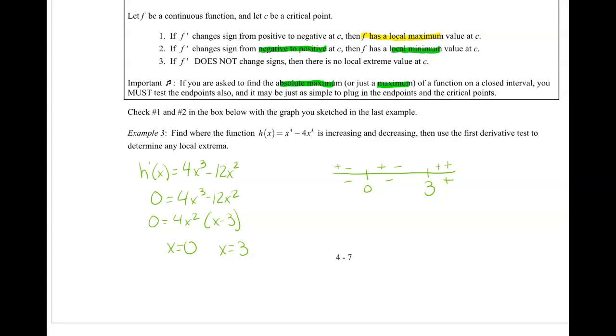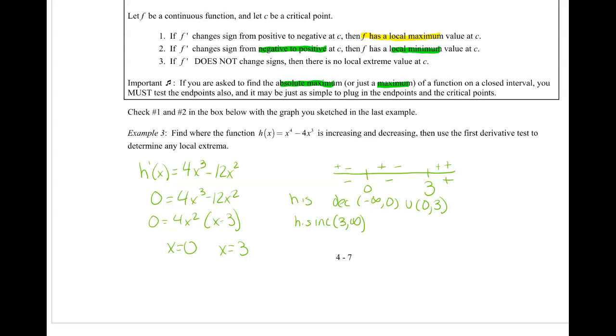So what this means is that h is decreasing on negative infinity to 0 and 0 to 3, and h is increasing from 3 to infinity.